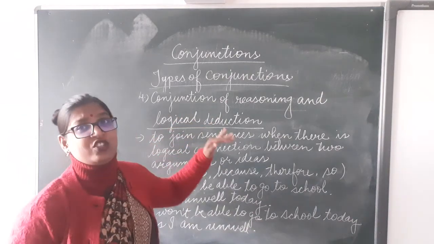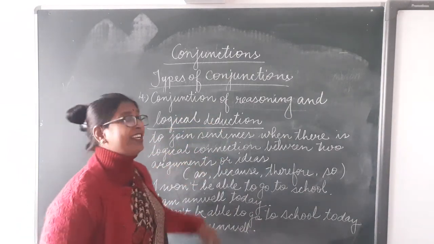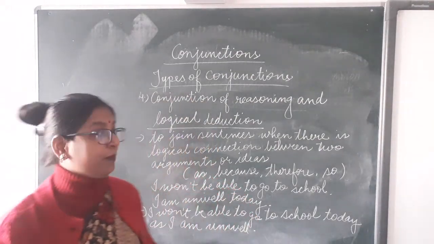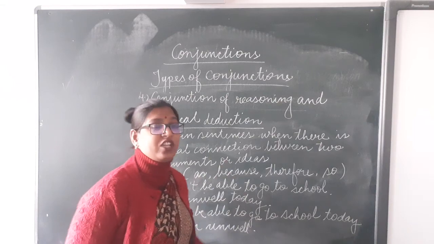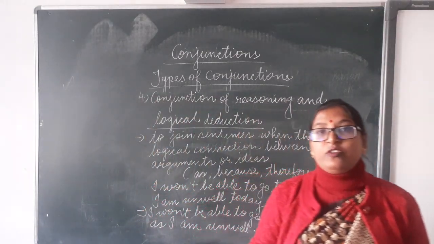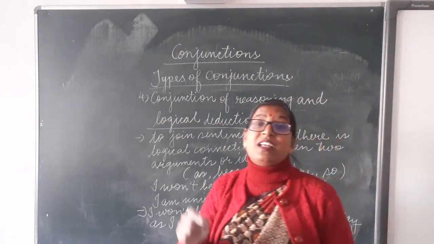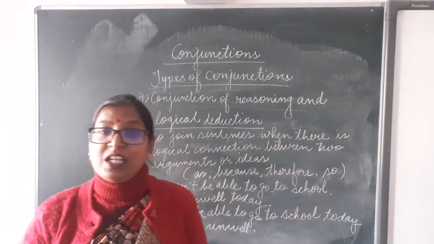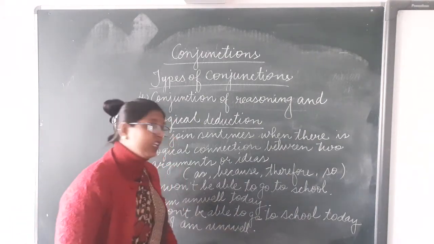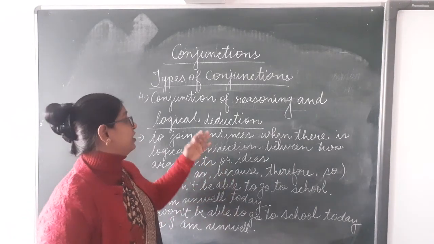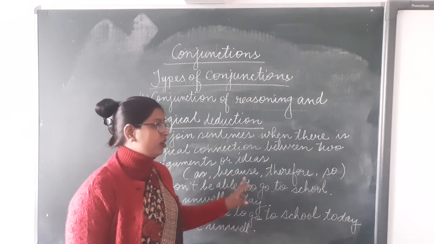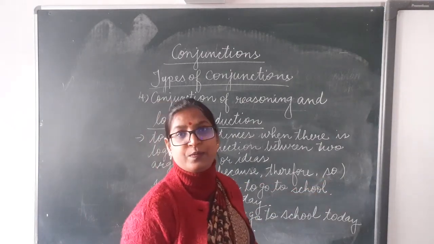These types of conjunctions are used to join sentences when there is a logical connection between two arguments or ideas. The conjunctions of reasoning and logical deduction are as, because, therefore, so.